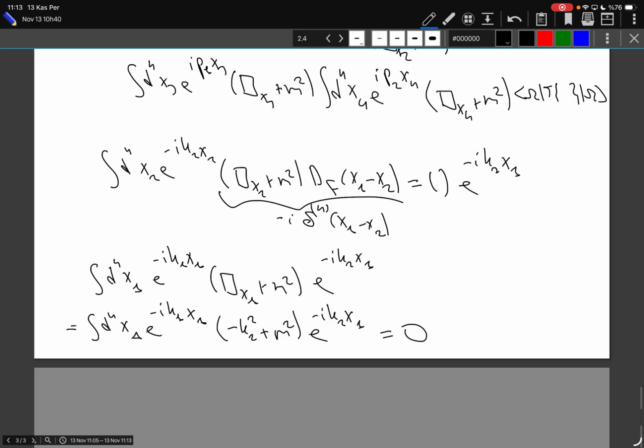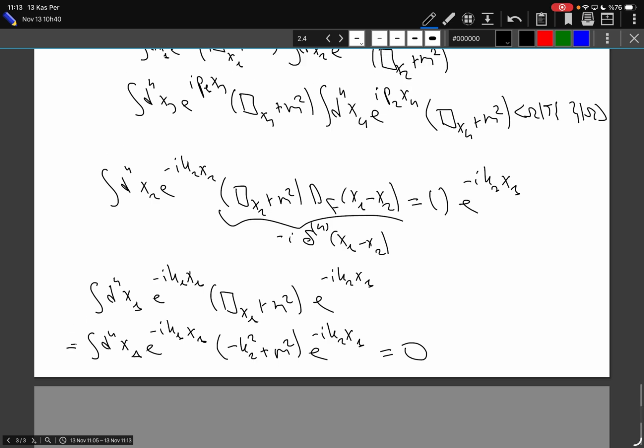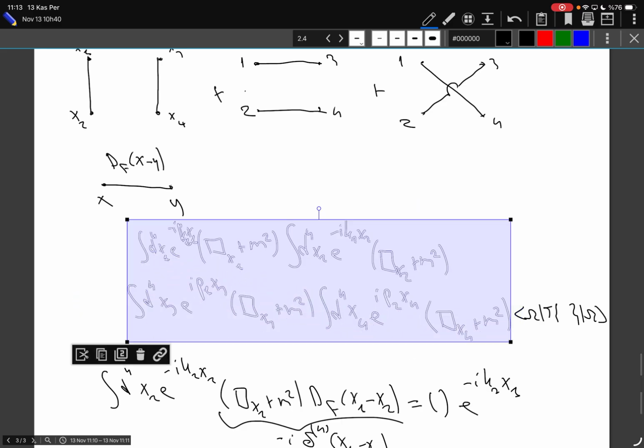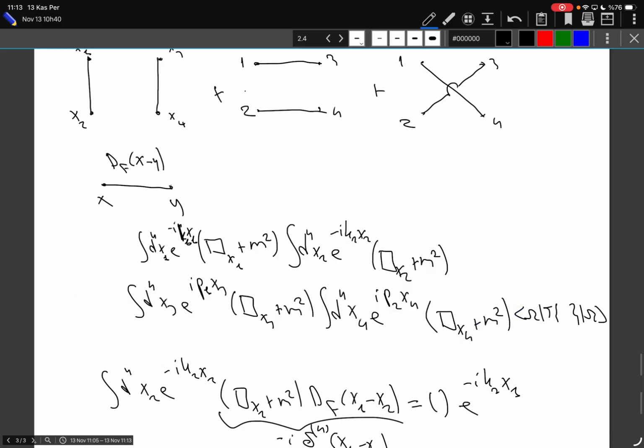The same thing will happen in all of them. If you act with one of them on some other diagram, that one will give you a Dirac delta, and the other integral will just give you 0. That is not a big surprise because there is no scattering here.